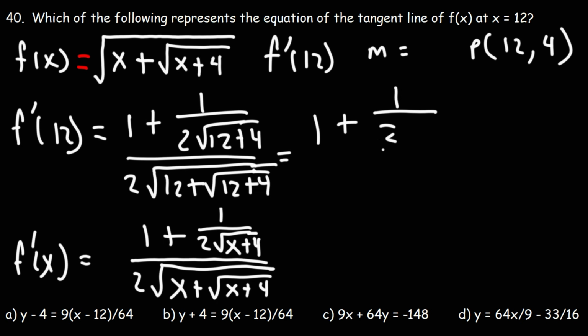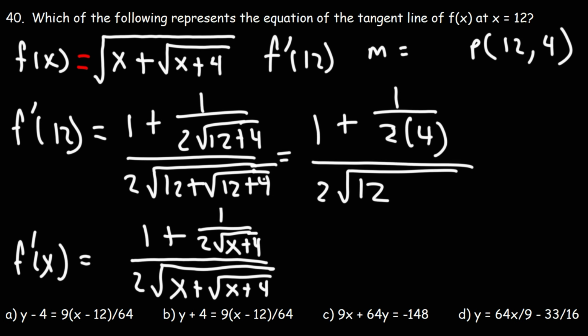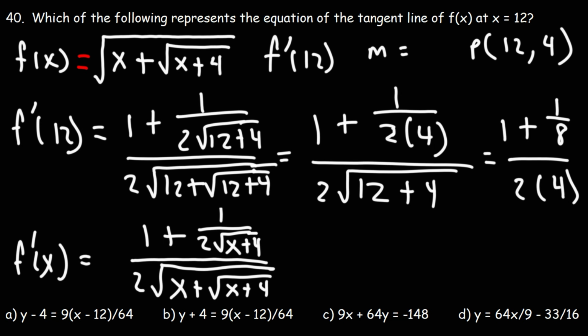So we know that 12 plus 4 is 16, and the square root of 16 is 4. And the same is true from here. 12 plus 4 is 16, the square root of 16 is 4. So we just get plus 4. Now, 2 times 4, that's going to be 8.